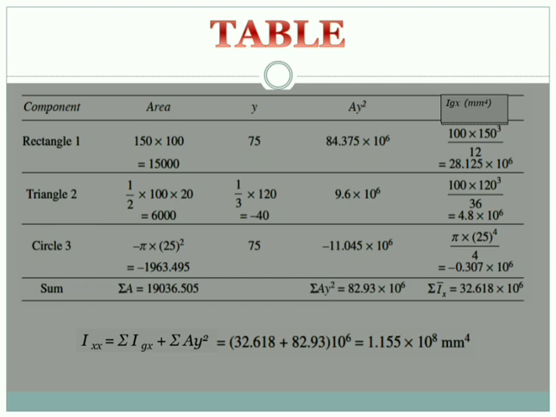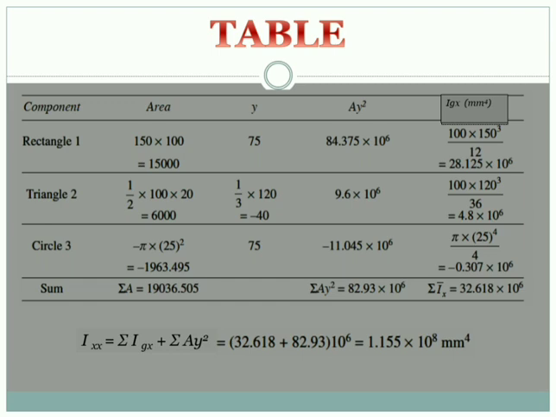So what we have discussed here is the table: A1, y1, A2, y2, A3, y3. Then we calculated ay square values for all the three components. Then we went for the calculation of Igx. Here we are calculating only Igx because the moment of inertia is asked about the xx axis, which is given in the figure.